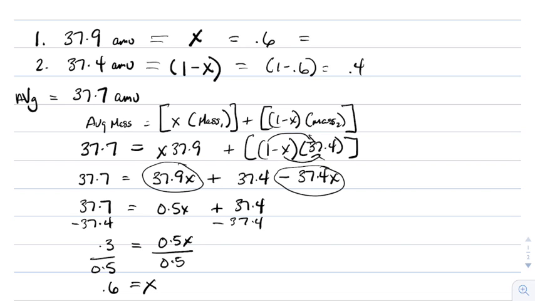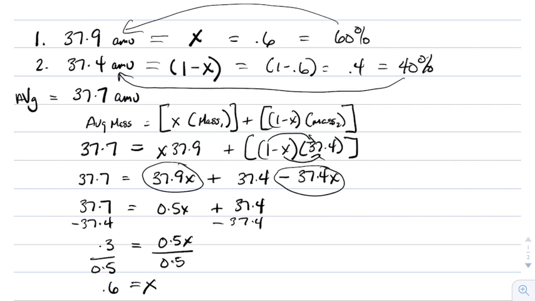So this one, if I want to change that into percentage, I must multiply it by 100 and I'll get 60%. And if I change this one into percentage, that would be 40%. So 60% of the mixture is that. 40% of the mixture is this.